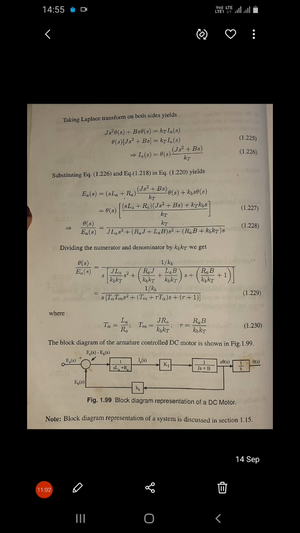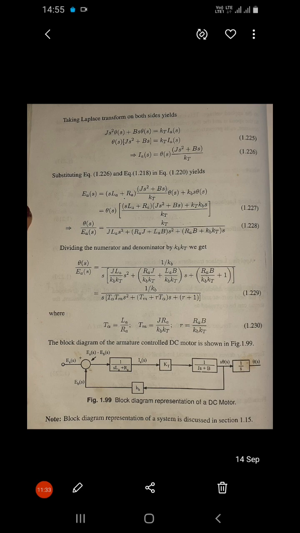From this equation, if we take θ(S) common, the equation will be θ(S) into [(S La + Ra) into (J S² + B S) plus Kt Kb S], and this whole term is divided by Kt. This is equation number 1.227.